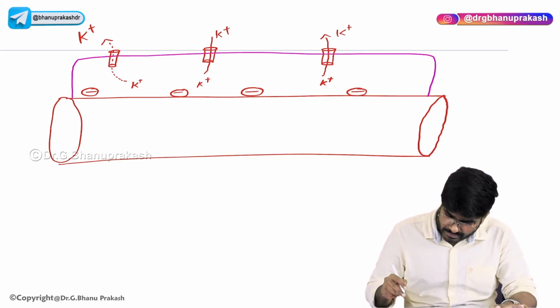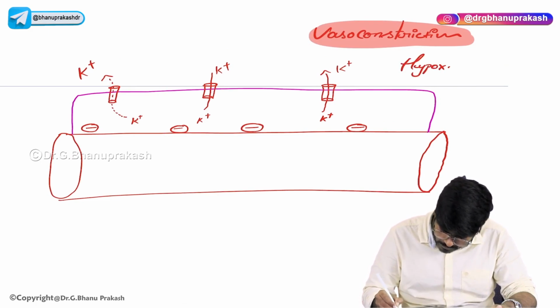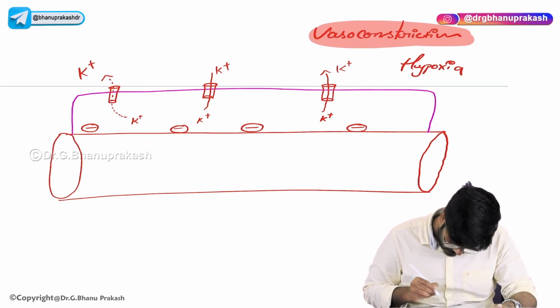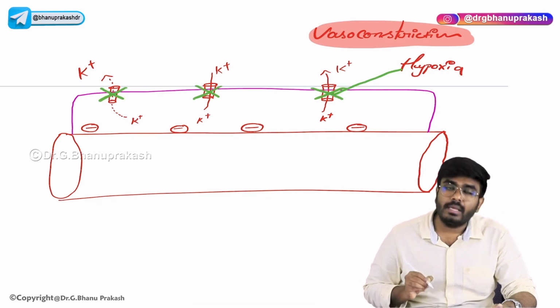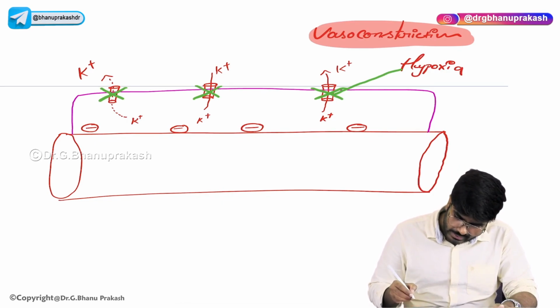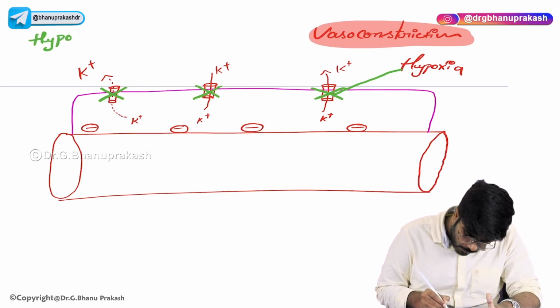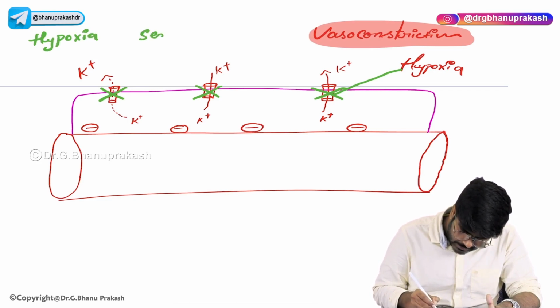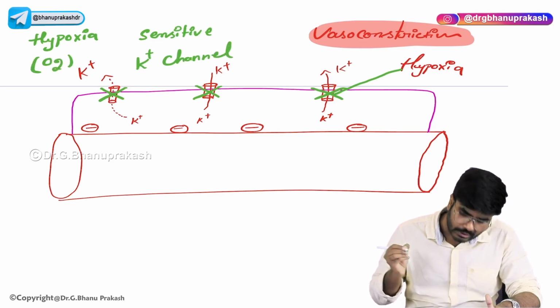Now, what will hypoxia do? Hypoxia will cause blockage or inhibition of these channels. So these channels are blocked. Can I call these channels hypoxia sensitive potassium channels, or oxygen sensitive potassium channels?